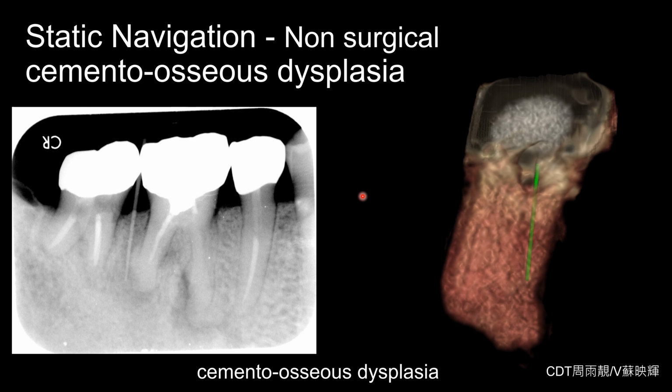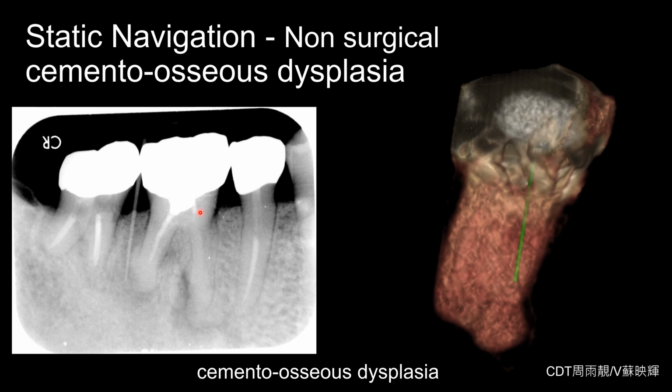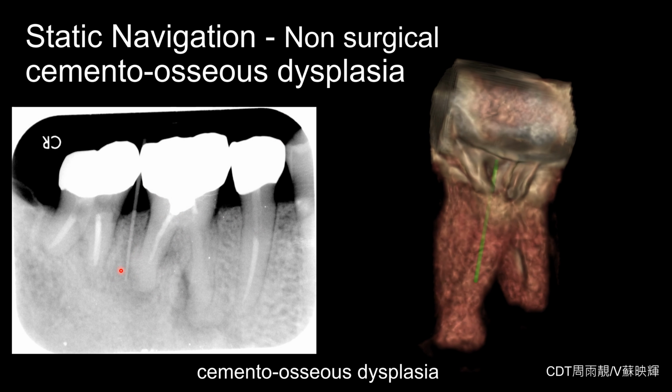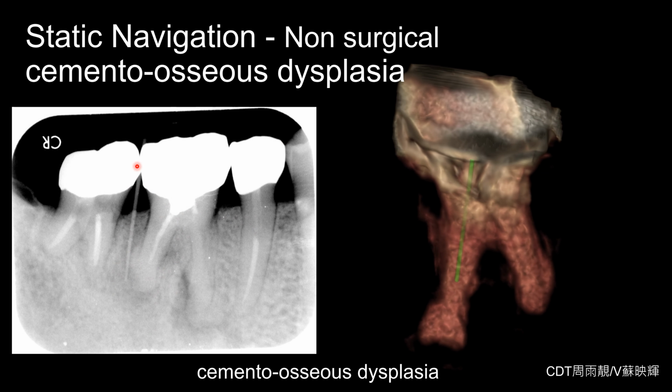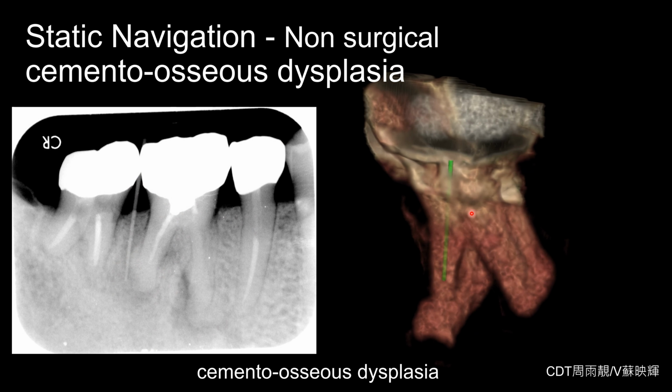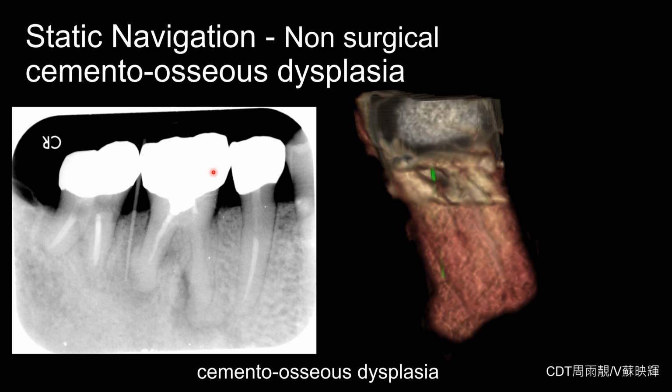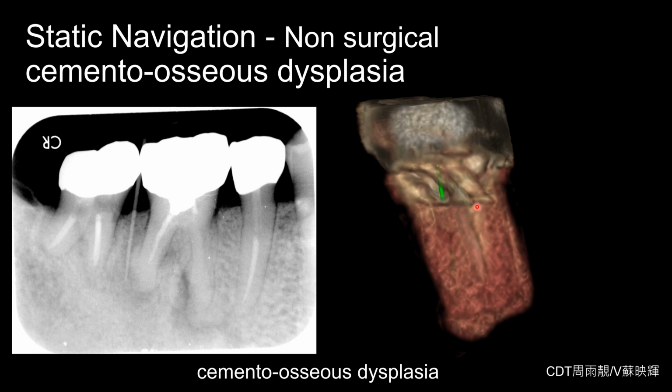This one is an osseous dysplasia case, and the patient has a sinus tract at the distal root, and we did gutta-percha tracing. On the right is the 3D reconstruction of this tooth, which I made.